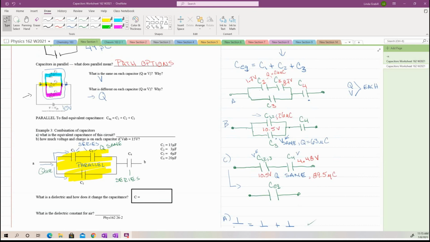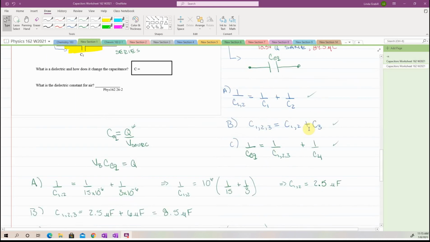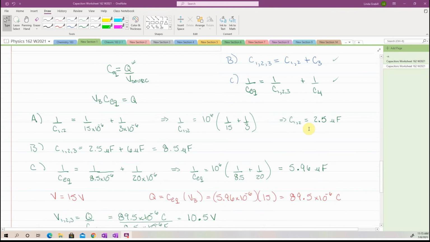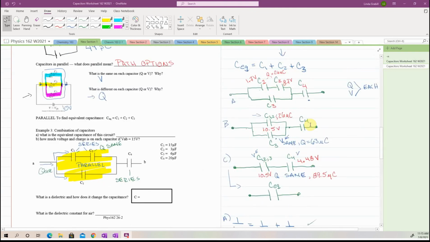All right, so what I did, we'll come back to all my writing I have up there, is I wrote out my little ABC. However you want to keep track of it, you do it your way, that makes sense to you. But remember, we broke down how we're going to come up with the equivalent capacitance for each. So the first thing I did was figure out the equivalent capacitance of 1, 2. And just to remind you, that was this step here where I combined the two.